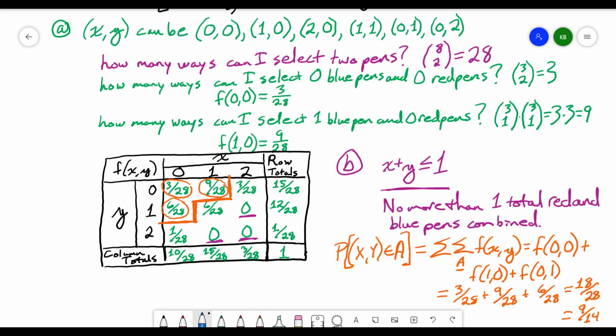Now, if I think about marginal distributions in relation to this example, marginal distributions fix the value of one of my random variables while letting the other random variable take on different values. So, in this example, I could fix the number of blue pens at 0 and let the number of red pens be any possible value that goes with 0.